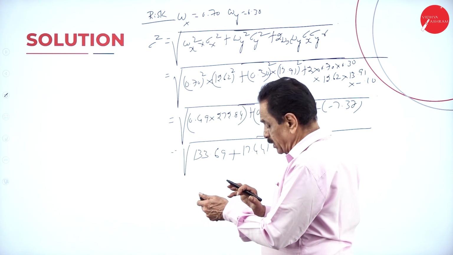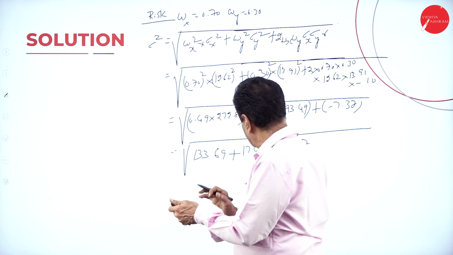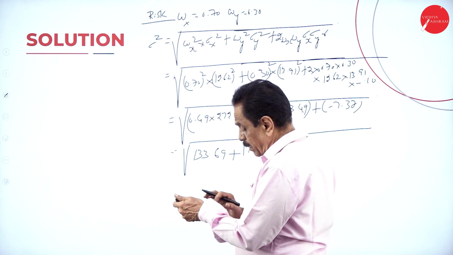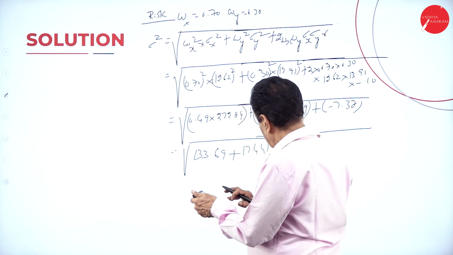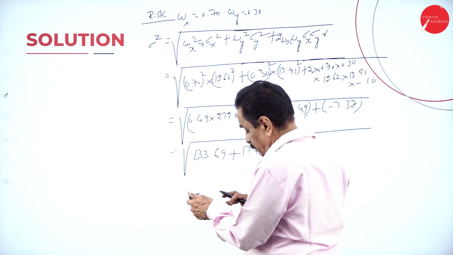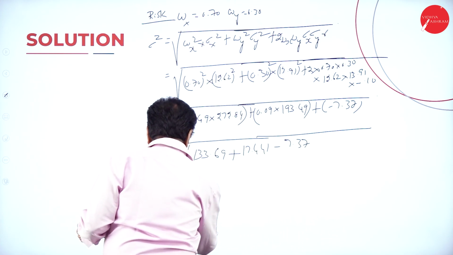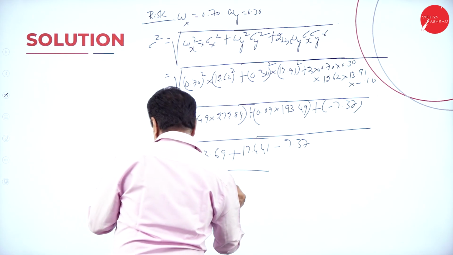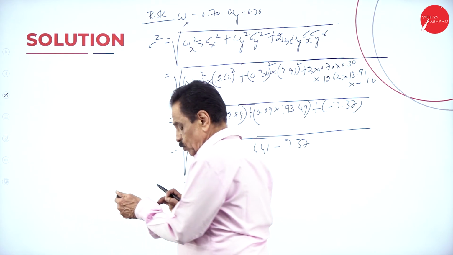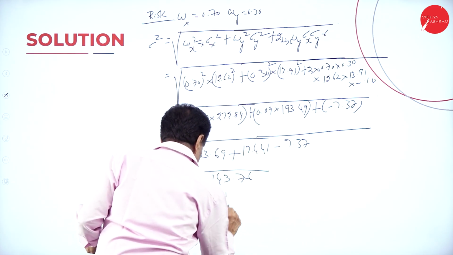So this is 133.69 plus 17.441 minus 7.37, root of 143.76. Root of this, 12%.